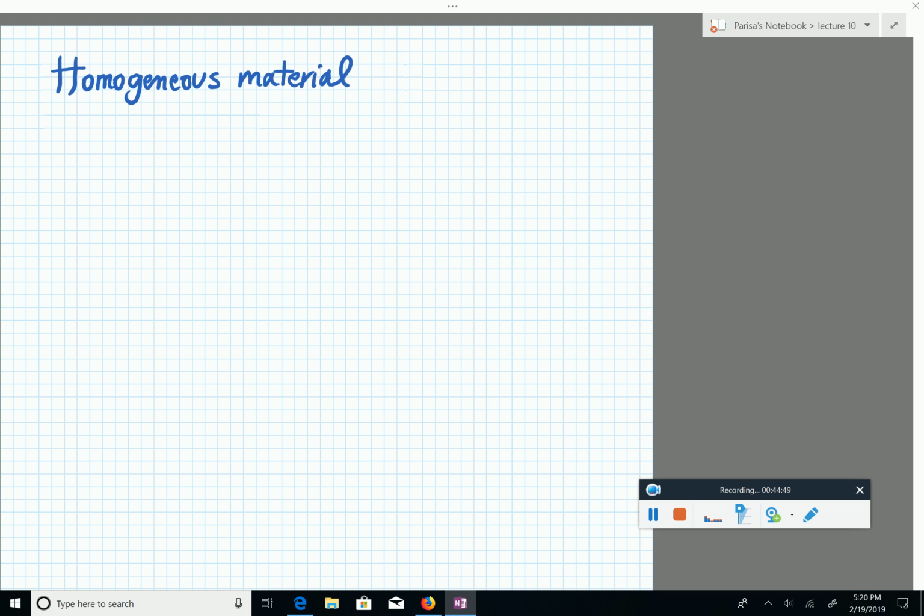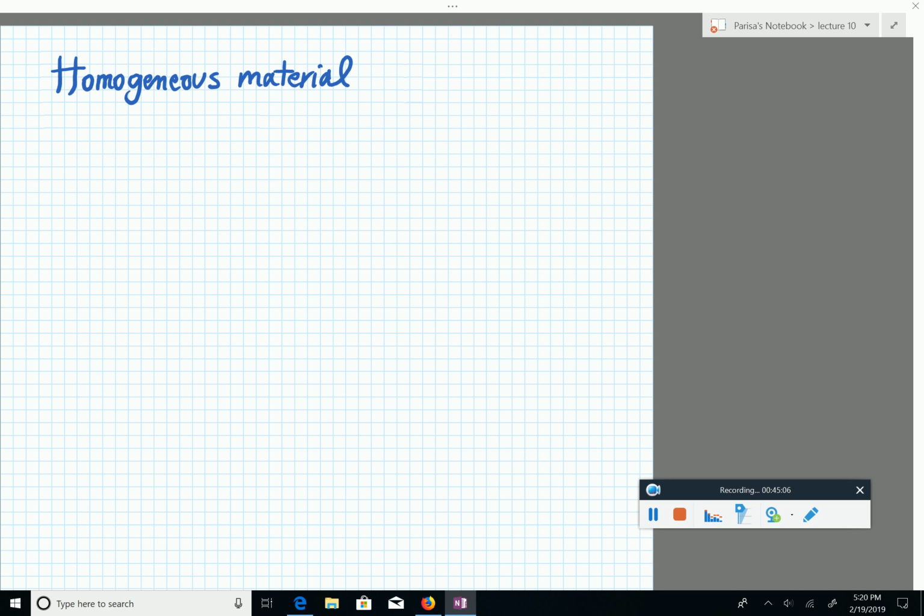So how would you define a homogeneous material? Exactly. The material property is basically spatially the same, right? That's what it is.